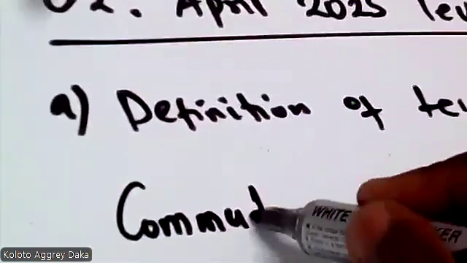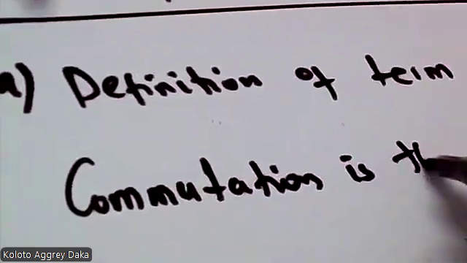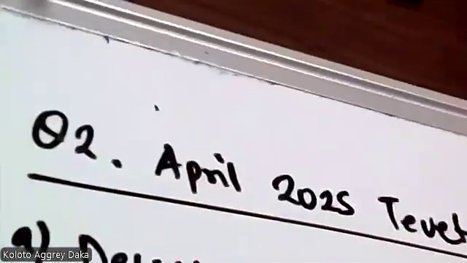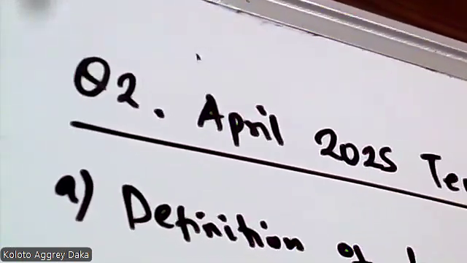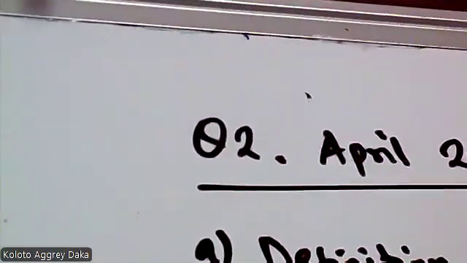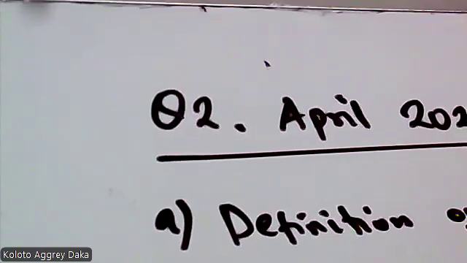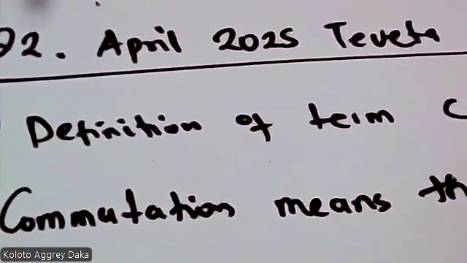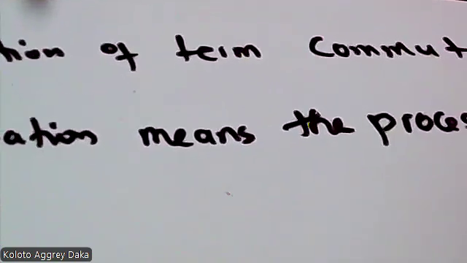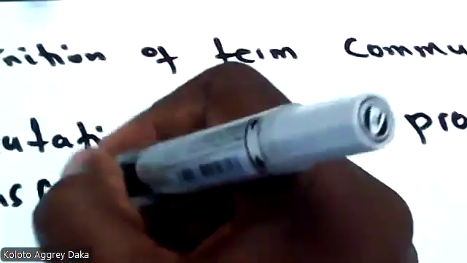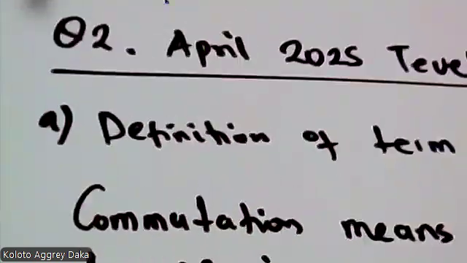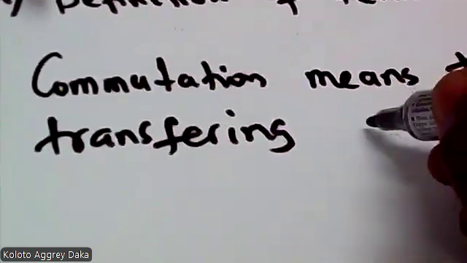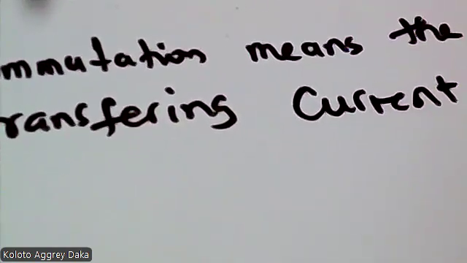Commutation is a switching of current. I say commutation means the process of transferring current from one to another.